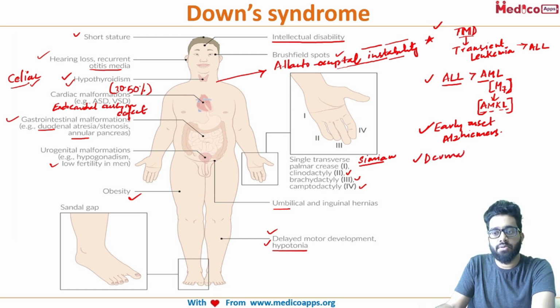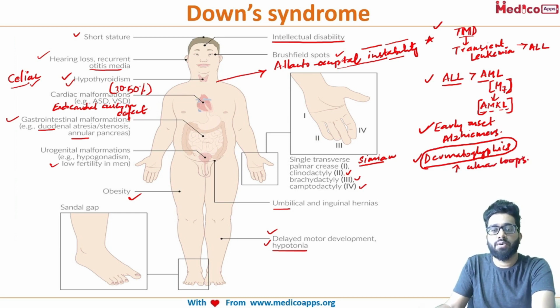This is called dermatoglyphics. Dermatoglyphics is the terminology wherein fingerprints are divided into ulnar loops and radial loops. That pattern of fingerprints is also different in Down syndrome patients. You tend to have more ulnar loops.